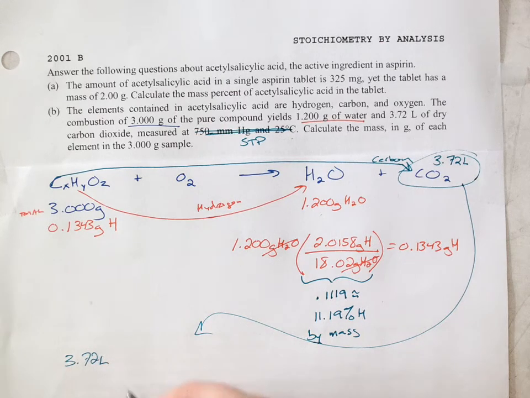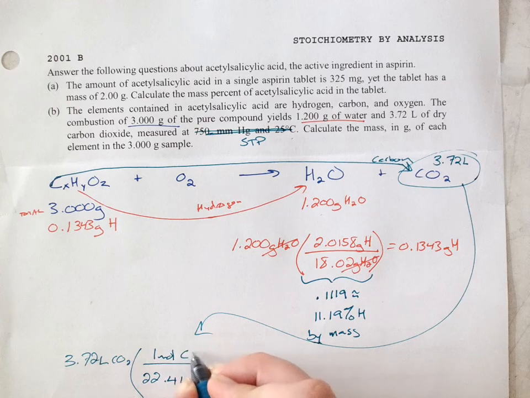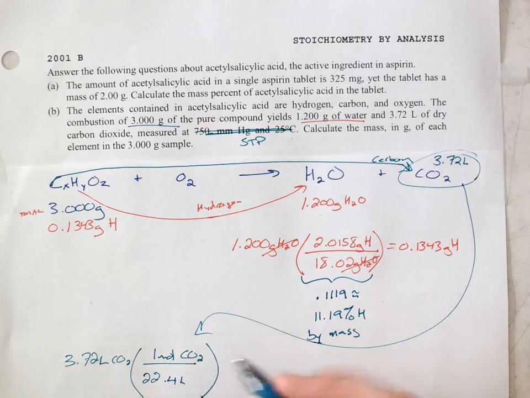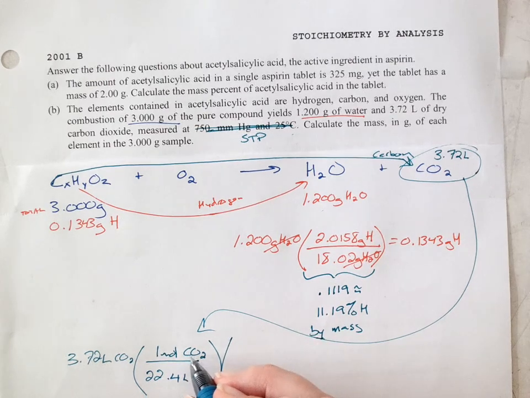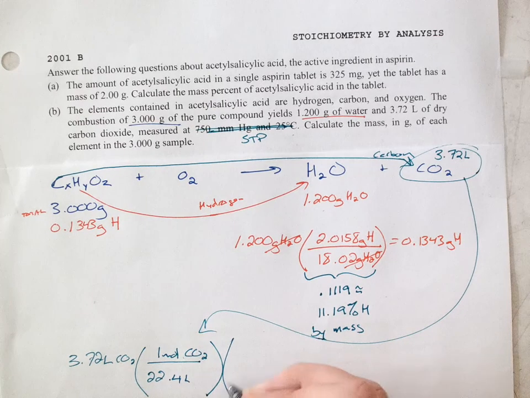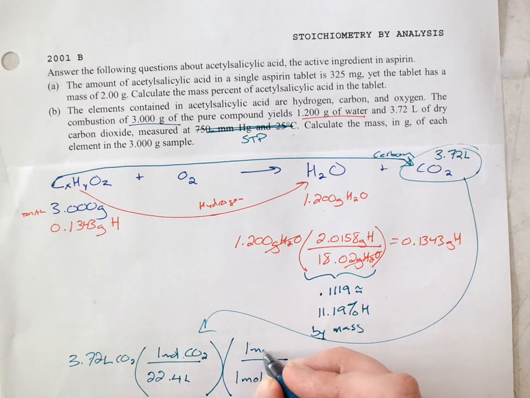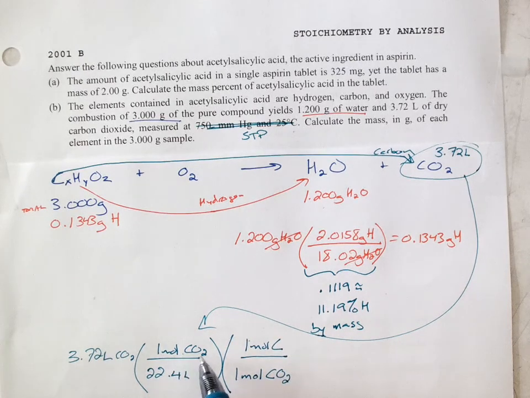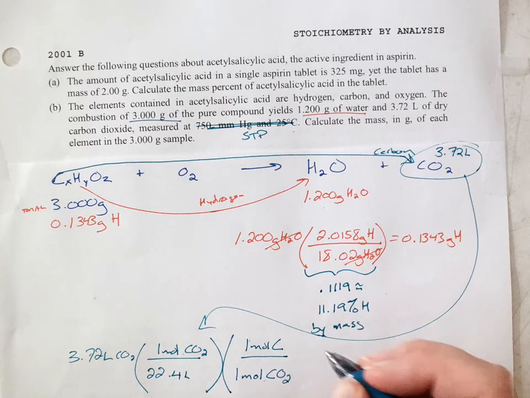3.72 liters of carbon dioxide. If I'm at STP, then 22.4 liters of any gas will be 1 mole of that gas. Now before I punch this out, notice there's only 1 carbon in each molecule of carbon dioxide. So, if I want to focus on just the carbon, for every 1 mole of carbon dioxide, it is 1 mole of carbon.